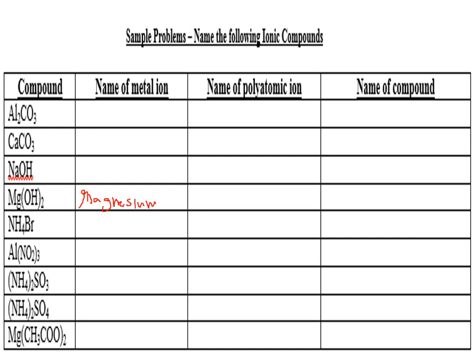If you go in your table of polyatomic ions, you'd see that OH minus is hydroxide. And then you combine the two names together. So you'd have magnesium hydroxide.